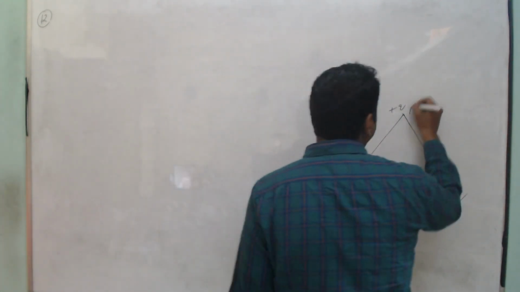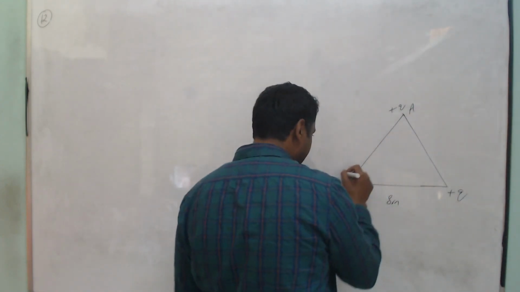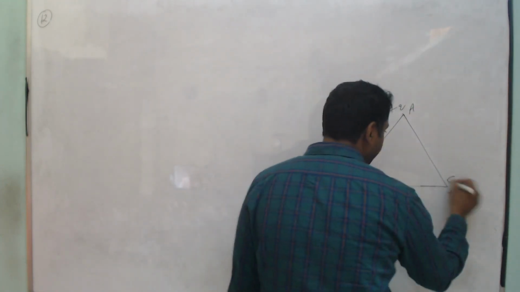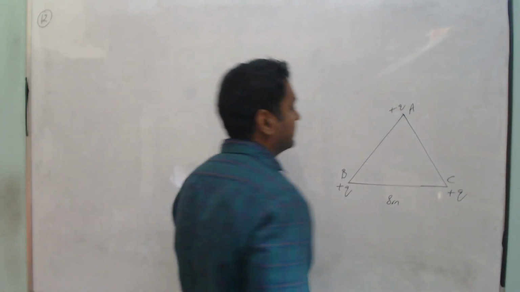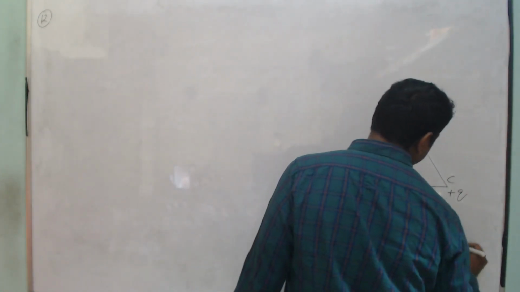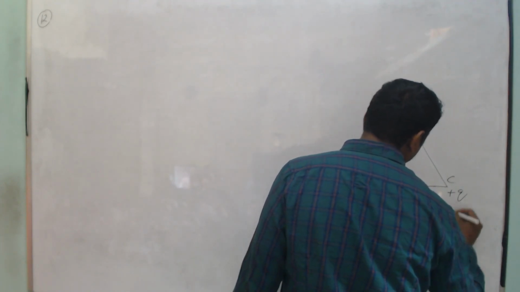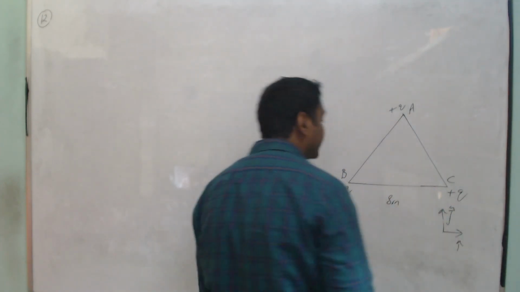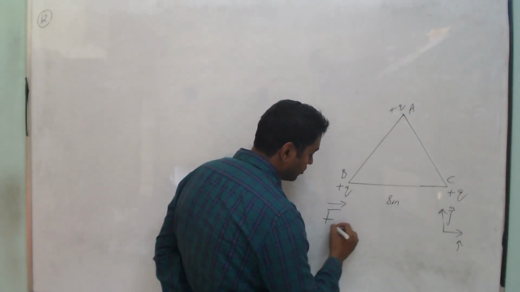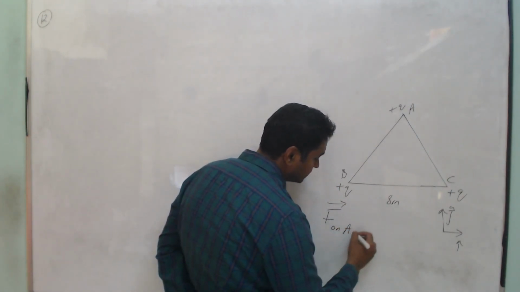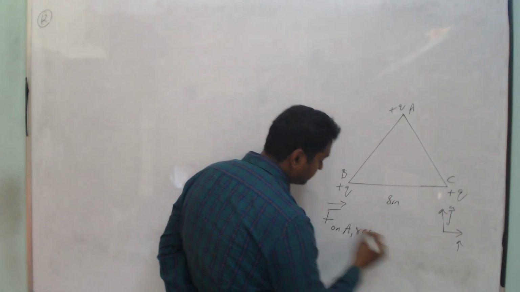Yes, sir. Let's take this vertex as A, so this will become B and this will become C. Yes, sir. Taking this as I cap and this as J cap, find the resultant force on A due to B and C.